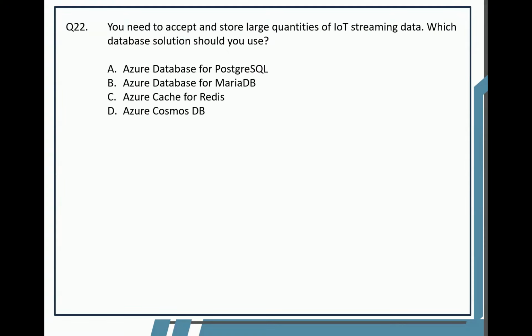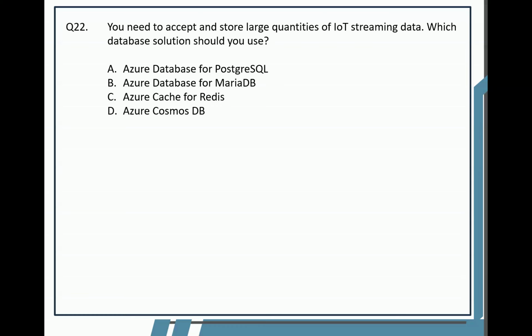Okay, question 22 is asking us to identify a database service which can be used to accept and store large quantities of IoT streaming data. Your options are Azure Database for PostgreSQL, Azure Database for MariaDB, Azure Cache for Redis, Azure Cosmos DB.